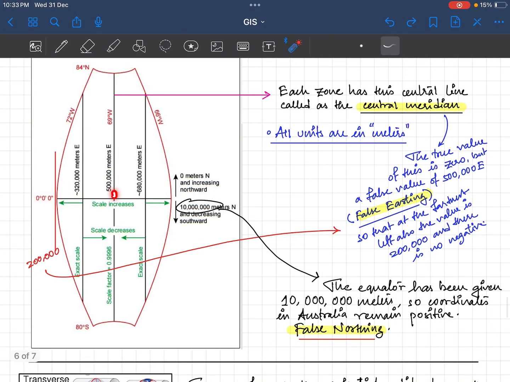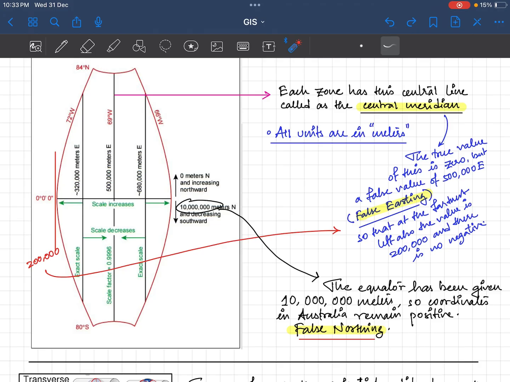False easting is providing the central meridian a value of 500,000, and false northing is providing the equator a value of, I don't know how to call it, I think it's 10 million. Yeah, correct. 10 million.